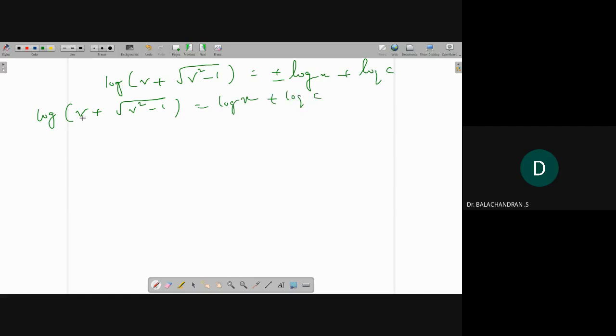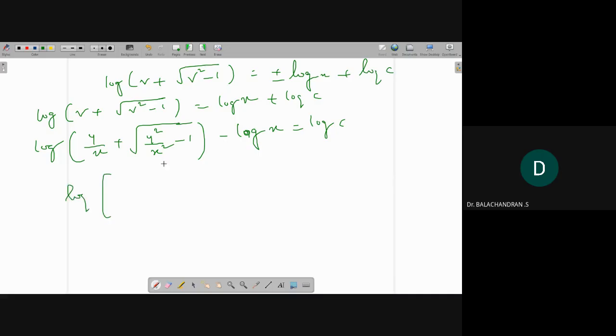So now replace v by y by x: plus or minus root of y square by x square minus 1 minus log x equal to log c, or log a minus log b.